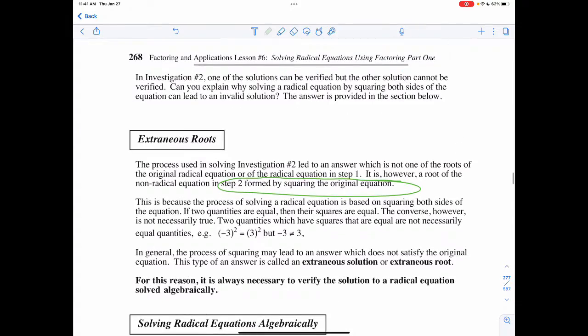If you remember, when we put them in, a quadratic is going to look something like this. But my radical looks something more like this.